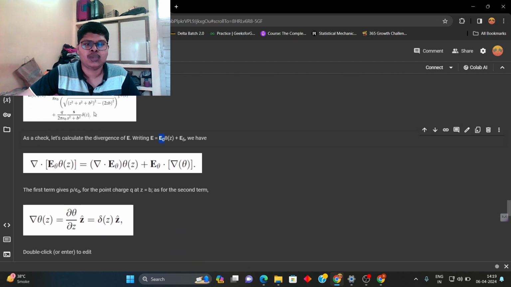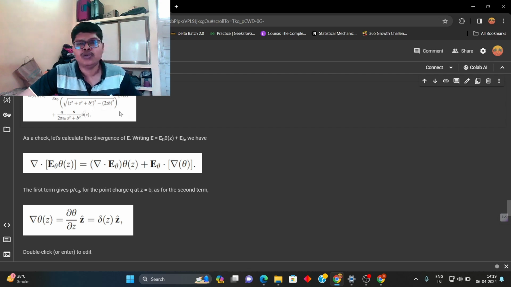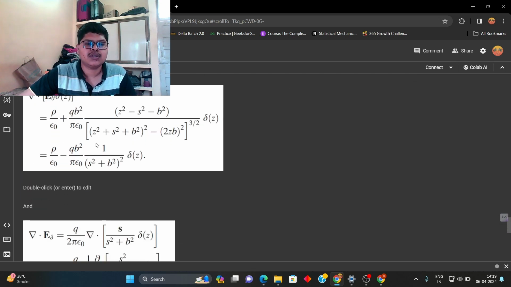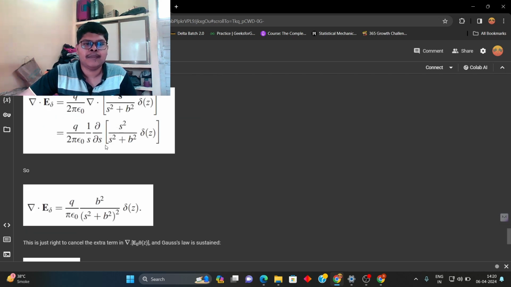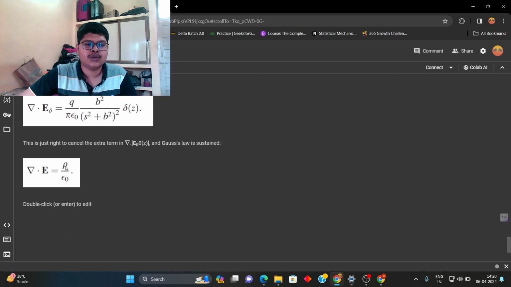To validate this equation, we calculate the divergence of this electric field, which should be equal to rho by epsilon naught, which is Gauss's law. Earlier, when we calculated the divergence, it came out to be 0, but here, after doing some mathematics, the divergence turns out to be rho by epsilon naught, which is valid and is Gauss's law.